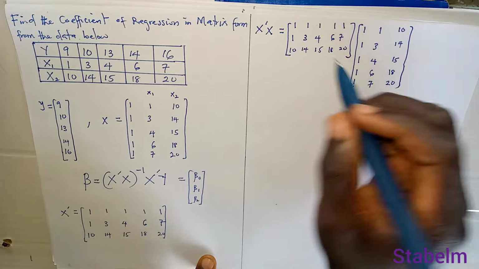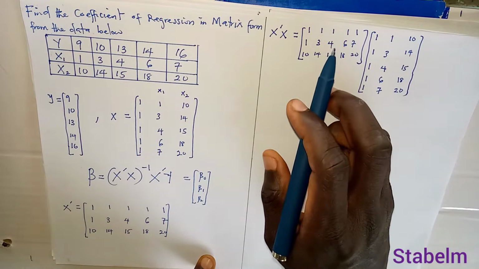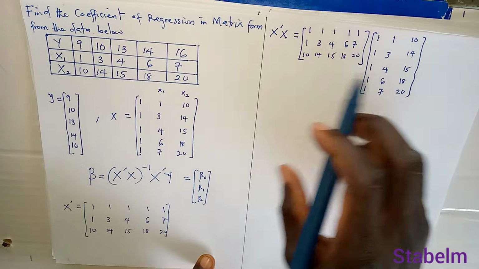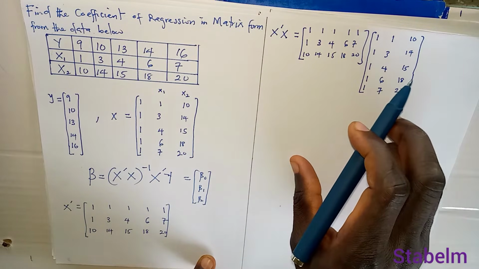So what are we doing here? We're using this matrix to multiply this matrix, that is x prime multiplied by x.